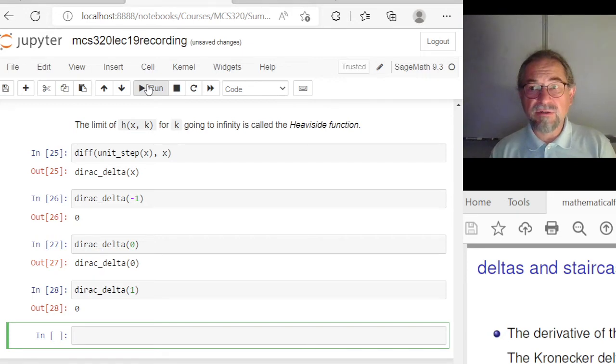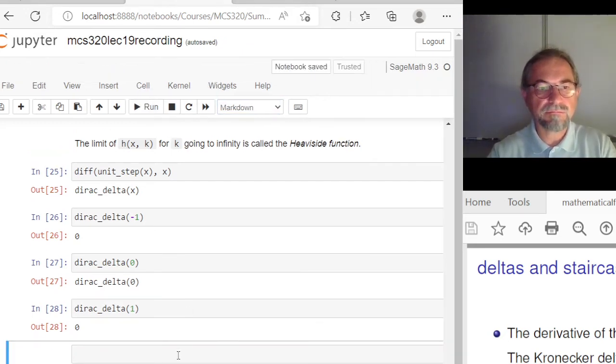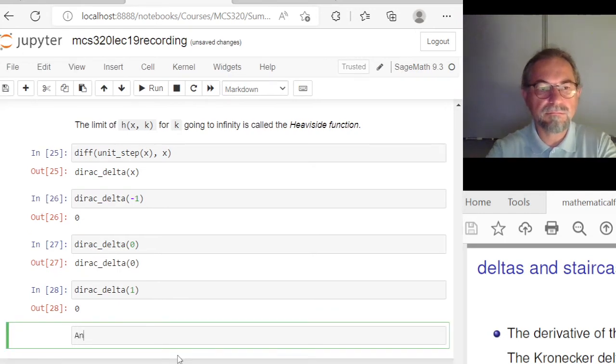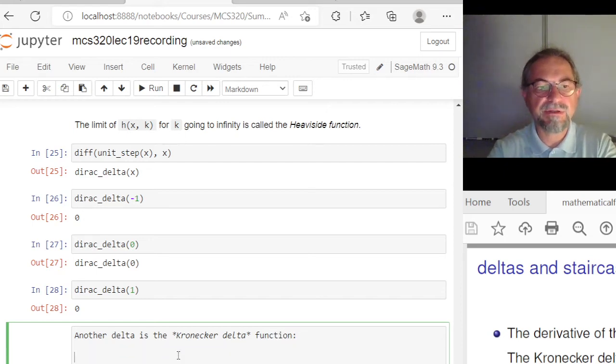On the slides I also mentioned another delta function, the Kronecker delta. This Kronecker delta is typically defined for indices. So let me state what the rule is.